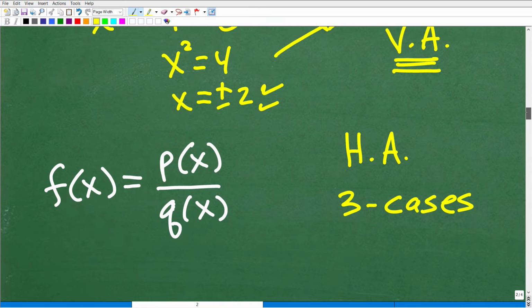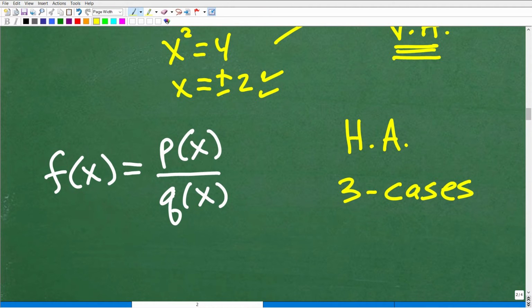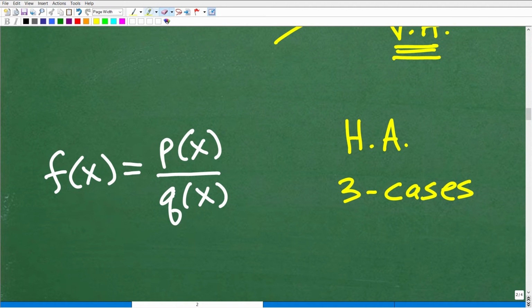Now let's go ahead and get into horizontal asymptotes. Horizontal asymptotes are a little bit more involved in terms of how to find them. So here again, we have our function. And to find the horizontal asymptote, basically there are three cases. What we're going to have to do is compare the powers or the degrees of the function in the numerator to the denominator.